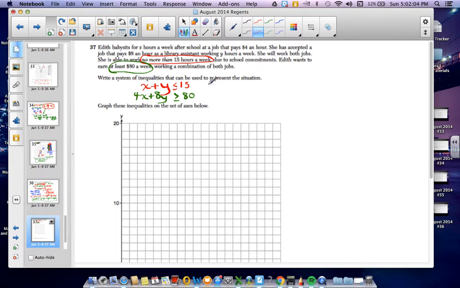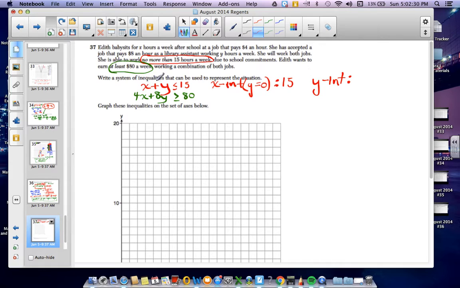So in red, our top equation we'll do first. The x-intercept, which is where y equals 0. If we basically pretend the y is not there, it's just going to say x is equal to 15. And very similarly, for the y-intercept, which is where x equals 0, pretend x isn't there.